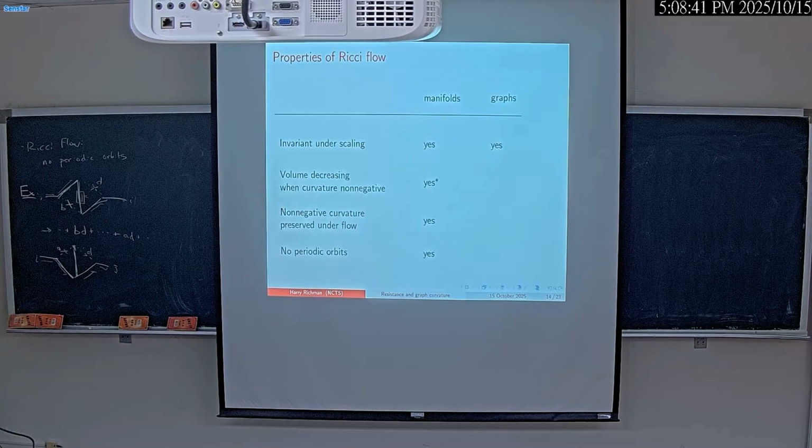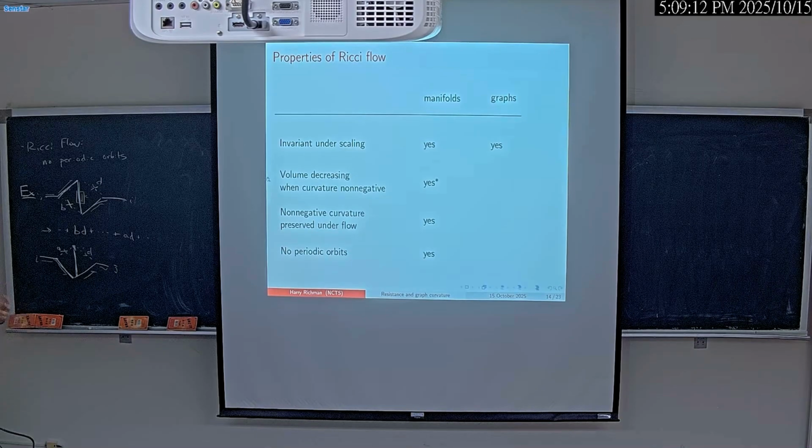So we looked at what this graph Ricci flow looks like on some examples, and we can also ask if it satisfies some nice properties from Ricci flow for manifolds. I mentioned this at the start: for Ricci flow on manifolds, there are no non-trivial periodic orbits. It's also invariant under scaling, so the Ricci flow doesn't change if we scale the whole manifold globally.